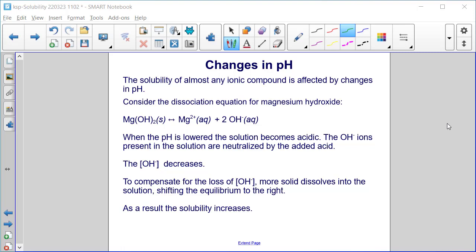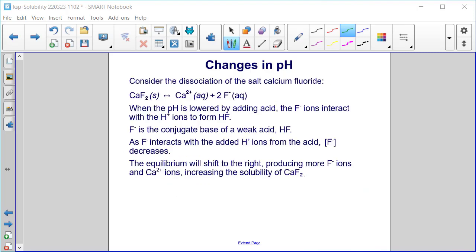The hydroxide ions present in the solution are then neutralized by the added acid. Doing that will remove some of this hydroxide or decrease the concentration of the hydroxide. To compensate for the loss of hydroxide, more solid dissolves into the solution, shifting the equilibrium to the right. As a result, the solubility increases.